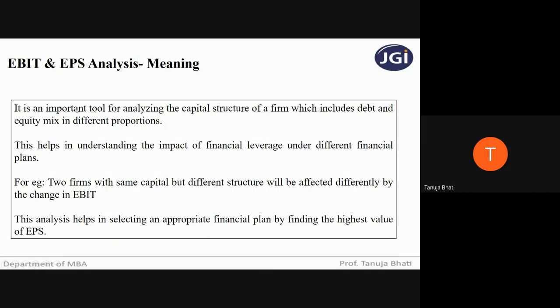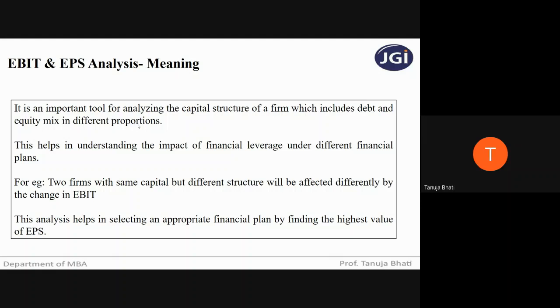It is an important tool for analyzing the capital structure of a firm, which includes debt and equity mix in different proportions. So students, as we know, the capital structure of a firm can comprise maybe equity, maybe preference shares, maybe debentures, term loans. So every capital structure of a firm has a combination or a mix of equity as well as debt.